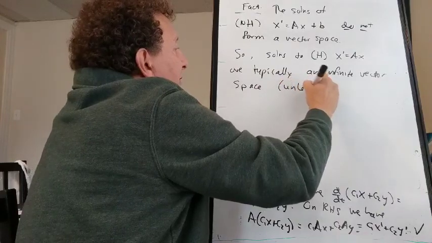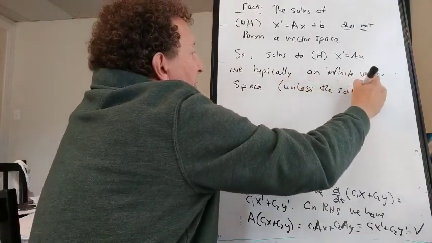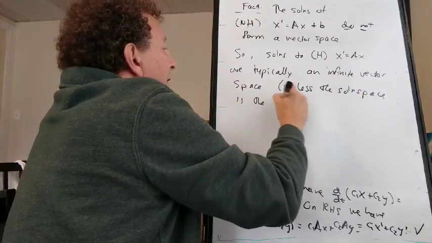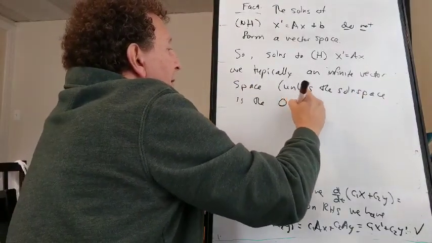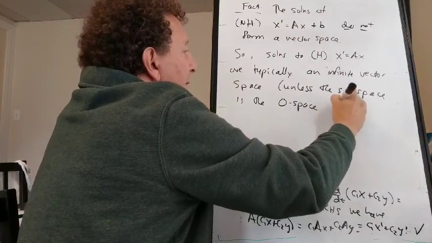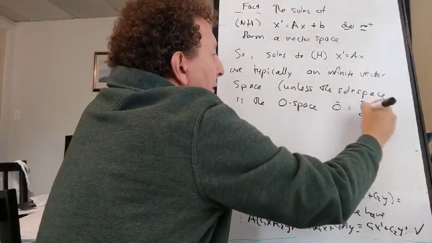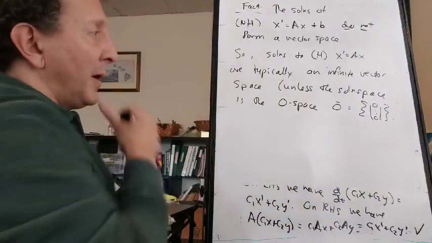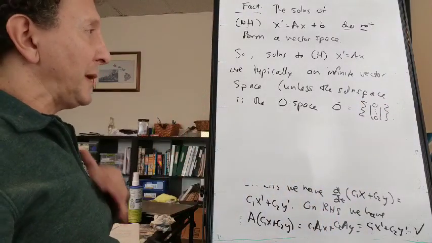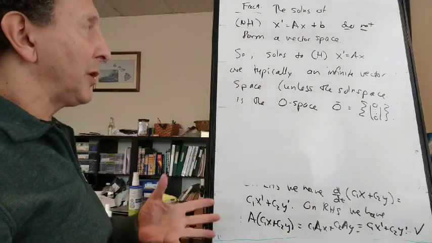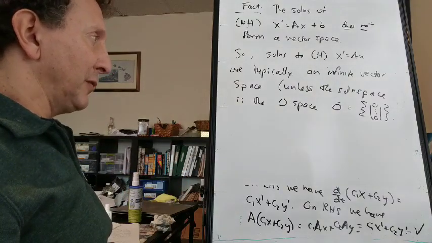I guess unless the solution space is the zero space containing just the zero vector. But if it's one-dimensional or two-dimensional, then we have infinitely many solutions, because we can, at the very least, multiply by infinitely many different real numbers.